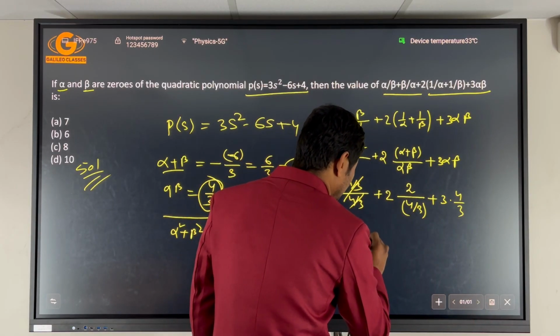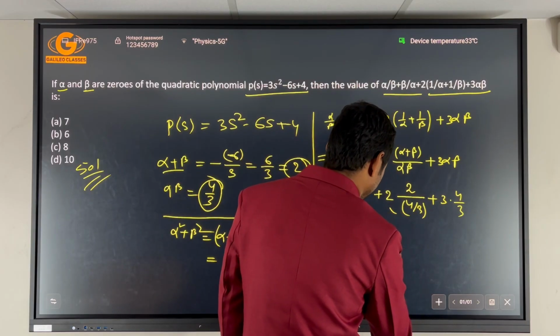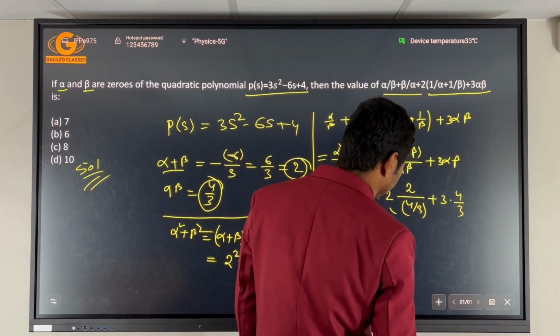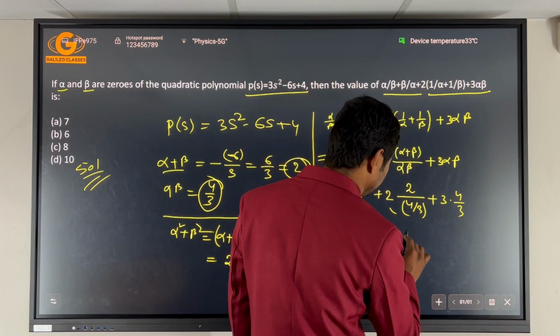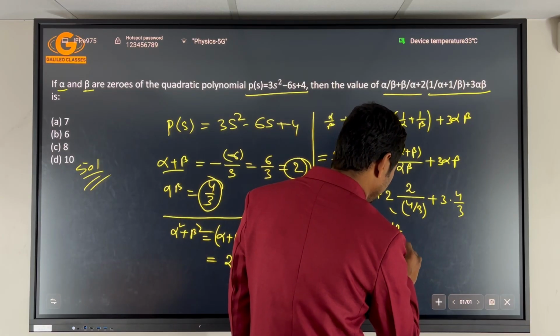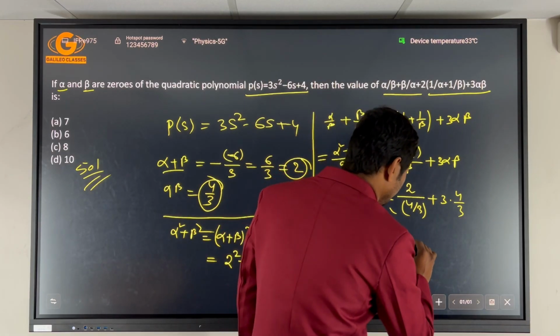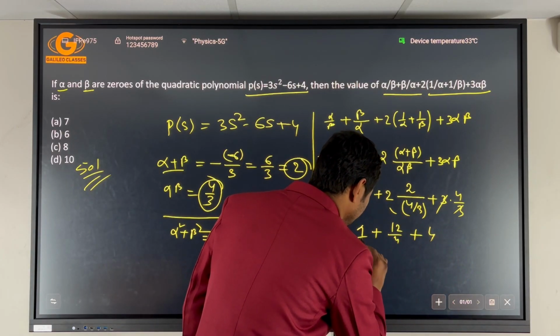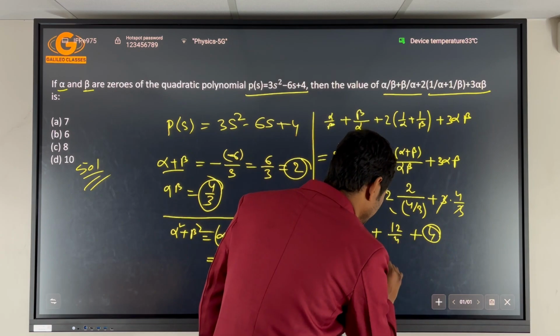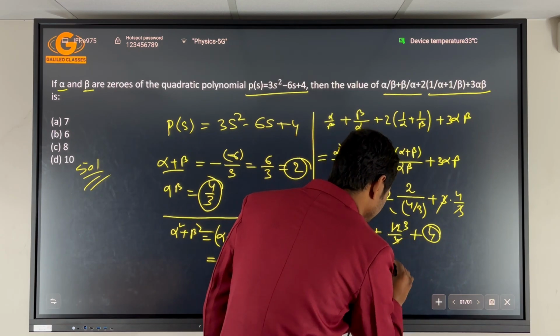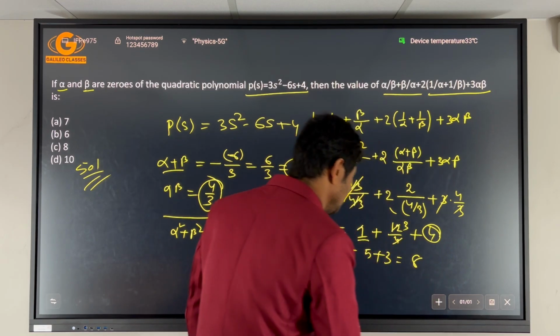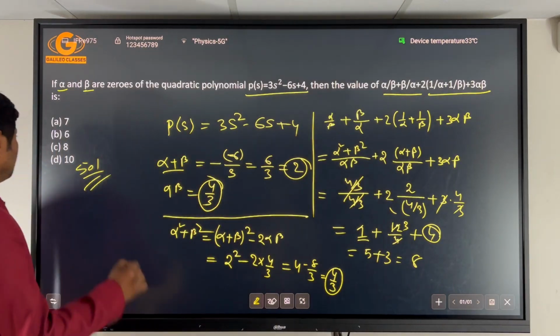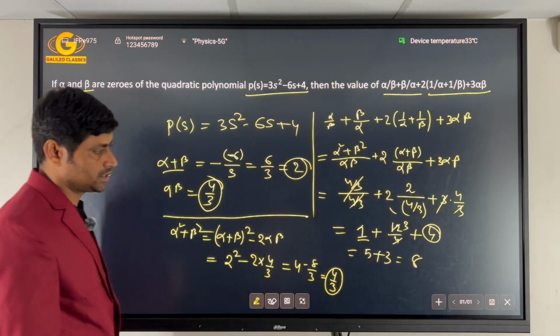Cancel, this is 1, plus 4 times 3 by 4, that is 12 by 4, plus 3, 3 cancel, 4. 1 plus 3 is 4, plus 4 is 8. Option C is the correct answer.